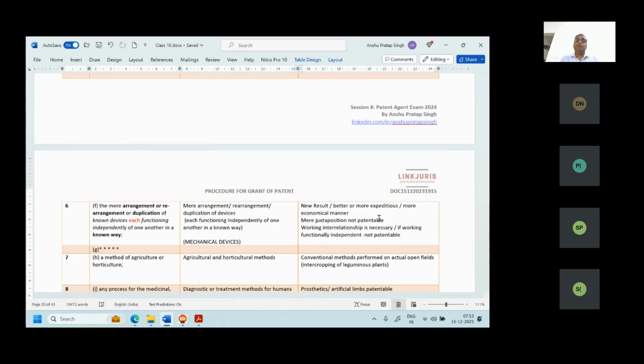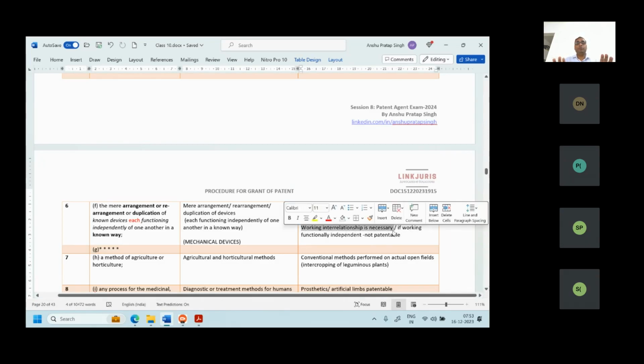However, if there is a better result or more economic significance, then yes, that particular thing can be patented. Then it said working interrelationship is necessary. More important, both should not function independently. If they are functionally independent, then it is not patented.